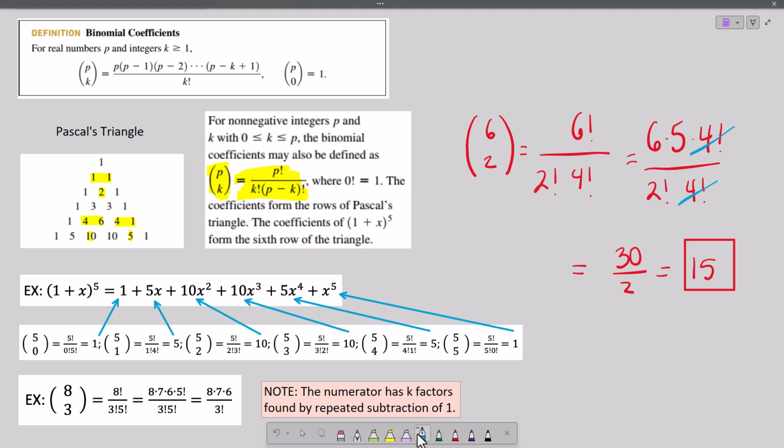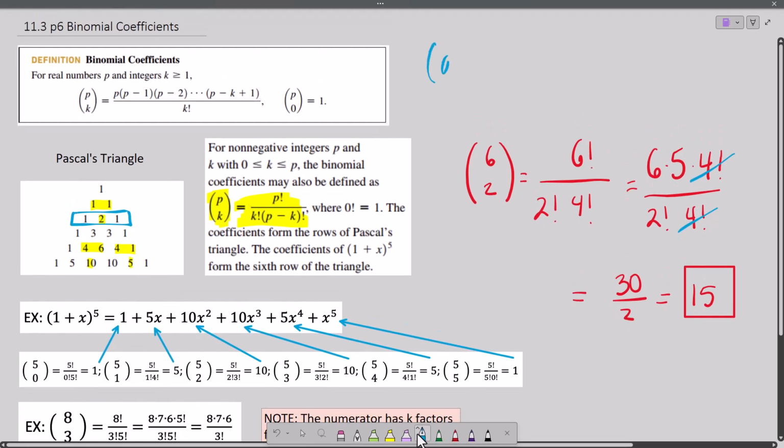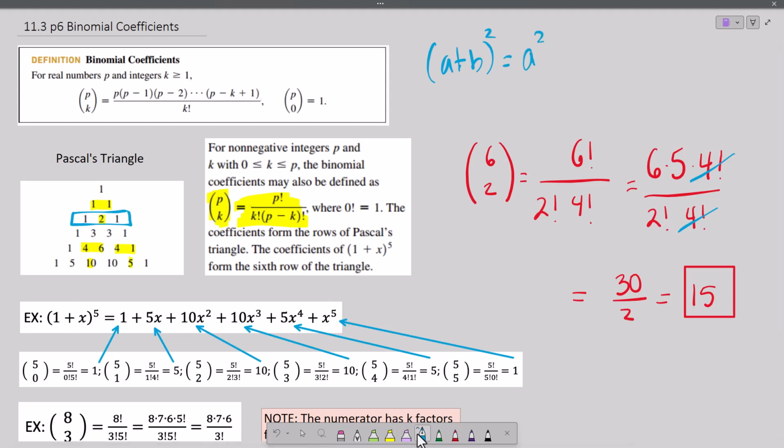Back in the day, we always covered this in algebra. It gives you a shortcut for finding the coefficients if you were to square a binomial. So if you take a plus b and you square it, you get 1a squared plus 2ab plus 1b squared. So the 1, 2, 1 coefficients are right there.